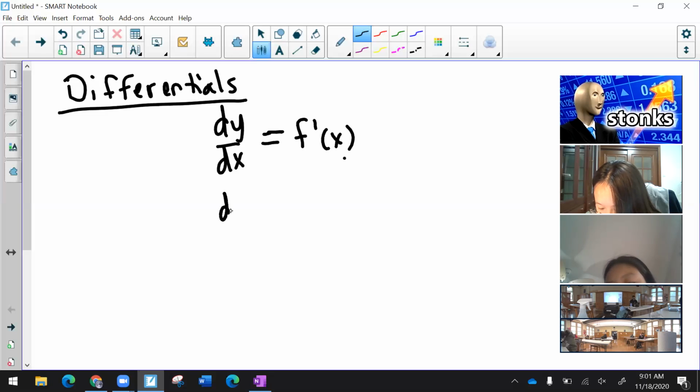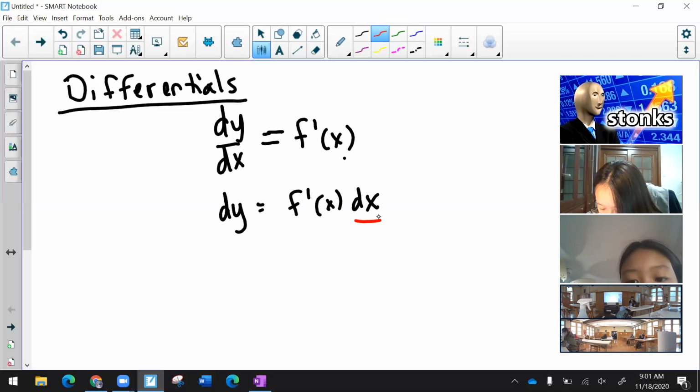But what I might really be interested in is, if I make a small change in x, and dx is, as we'll learn when we do integration, a really, really small part of the x-axis, infinitesimally even.